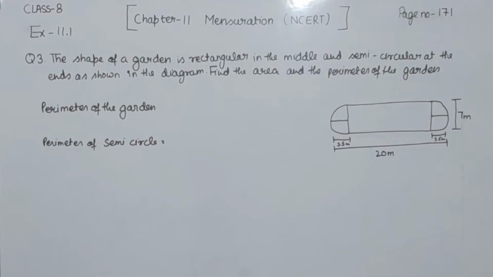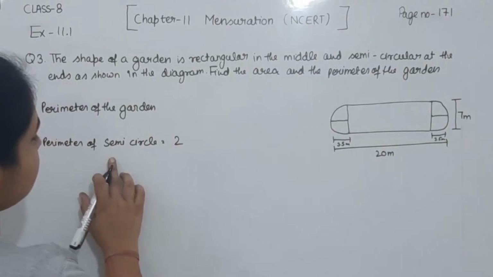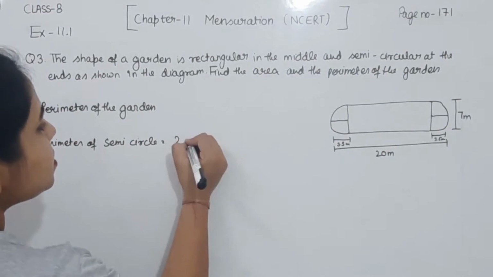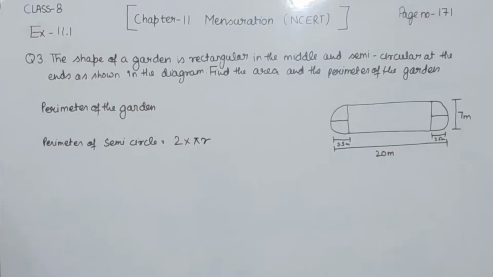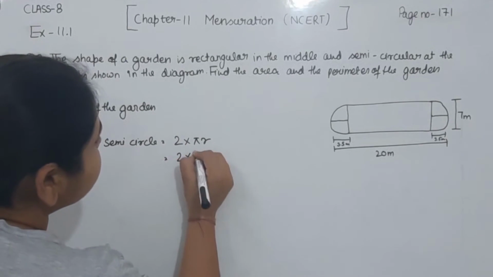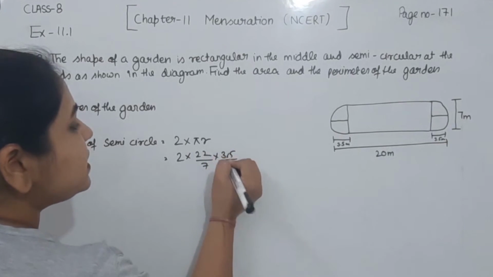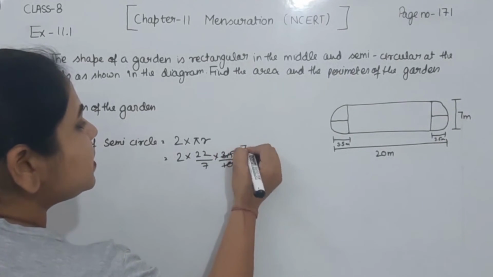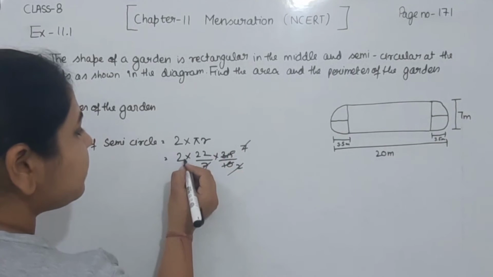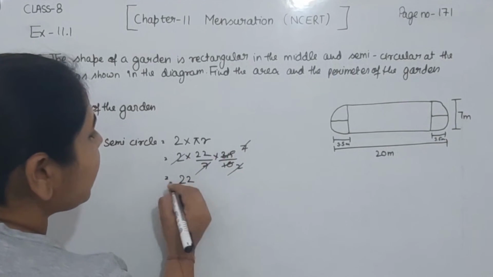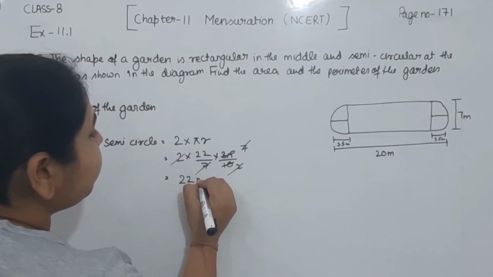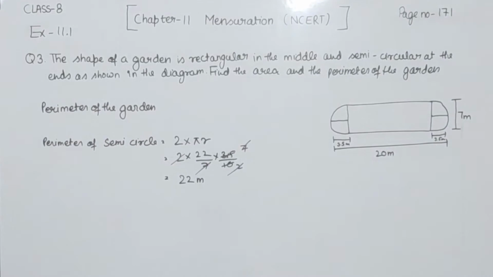So we have to find the perimeter of the two semicircles: 2 multiplied by pi r. So we're going to write here 2 multiplied by pi and the radius 3.5. Remove the decimal. 5 2s are 10, 5 7s are 35, 7 is cancelled from 7, 2 is cancelled from 2. So this is 22 meter. This is the perimeter of the semicircle.